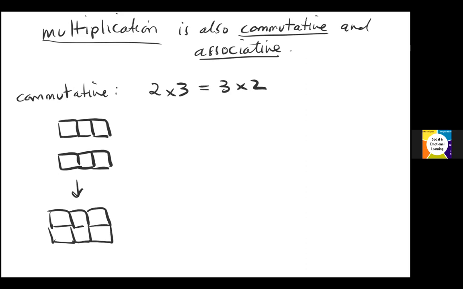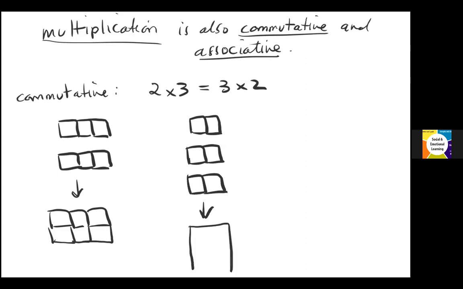Or we could have 3 rows of 2 blocks. And that's going to give us this configuration here, which looks different, but it looks like it's been rotated, but it's still the same number of blocks. So this is one way the book sort of shows this to be true.